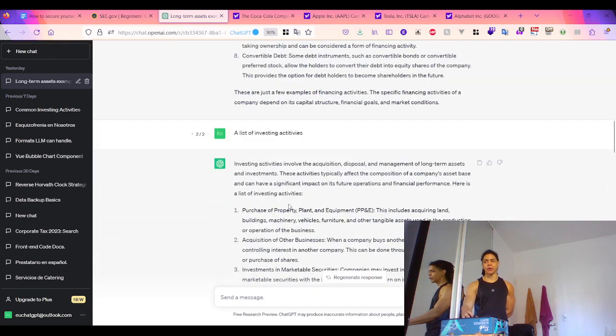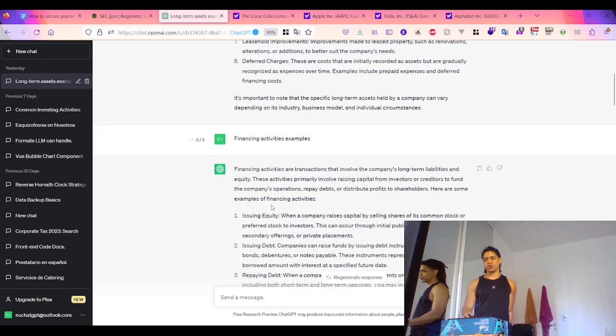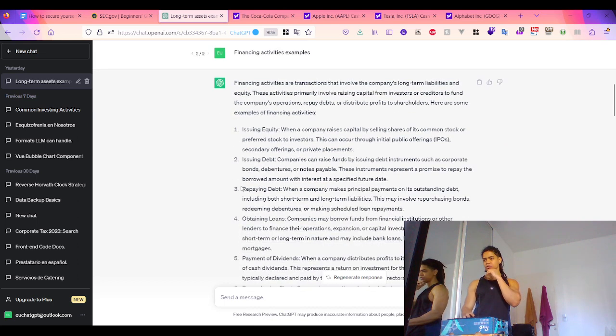Again, all of this is to look at the financing activities, which are transactions that involve the company's long-term liabilities and equity. And long-term liabilities are long-term loans, bonds payable, notes payable, repayment of lease debt.